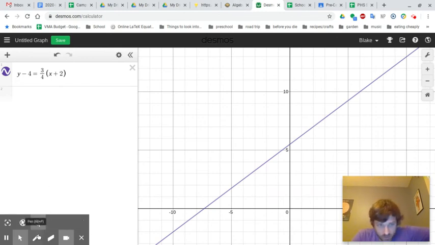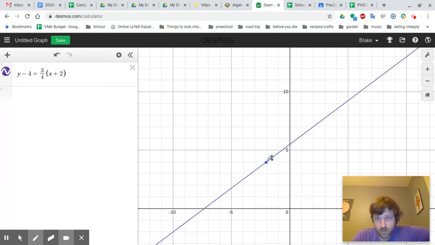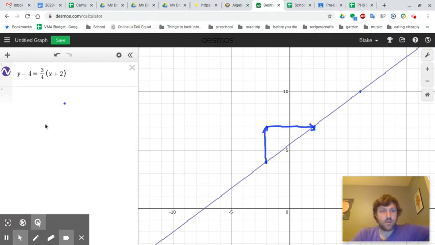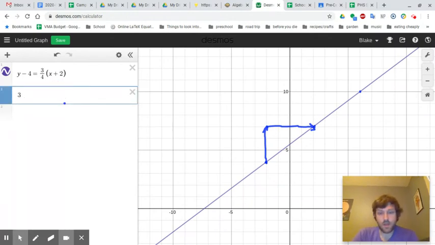So we have one right here, and another one right here, and again up here. But in all of those cases, the graph is going up 3 and over 4. So we have a 3 over 4. And so that's the slope.